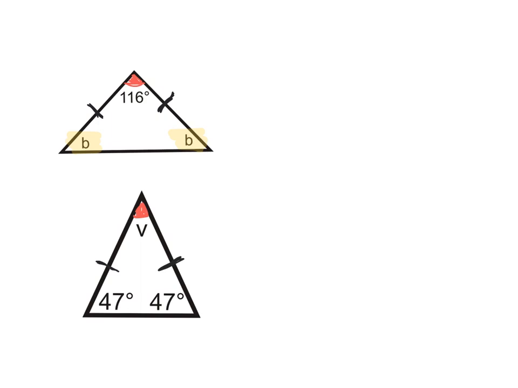In the case of what we have in front of us with this 116, I know that I've got two b's that are the same. So I'm going to say 2b, or not to be, sorry, couldn't let that one go. 2b plus 116 equals 180 degrees.